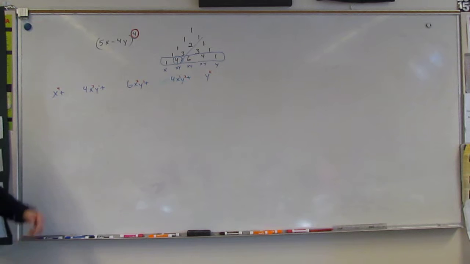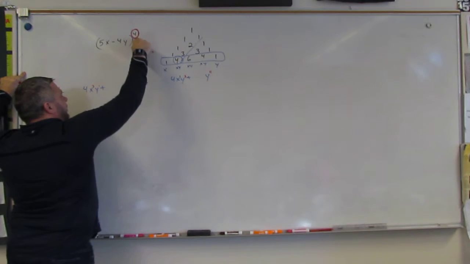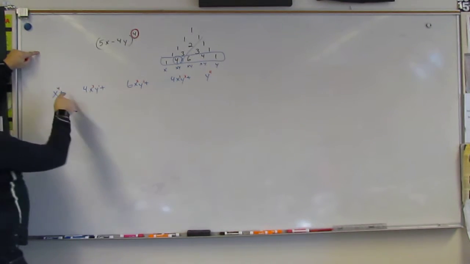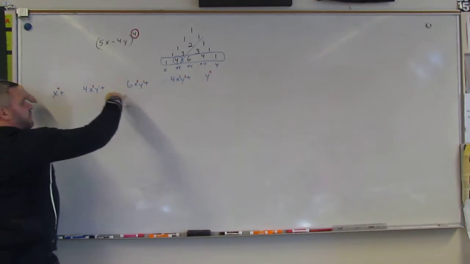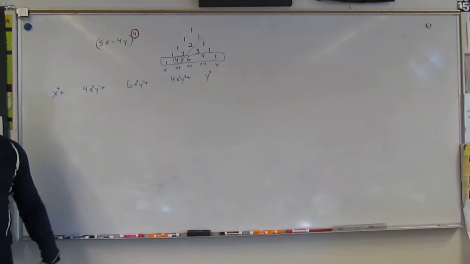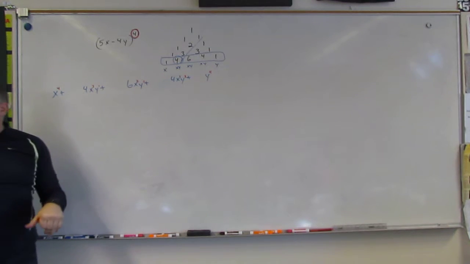Okay? So it's just a pattern that we're following. This 4 up here is telling me that this is going to be 4 and this is going to be 4. And then we're going to move down the ladder from 4 to 3 to 2 to 1 and 4 to 3 to 2 to 1.